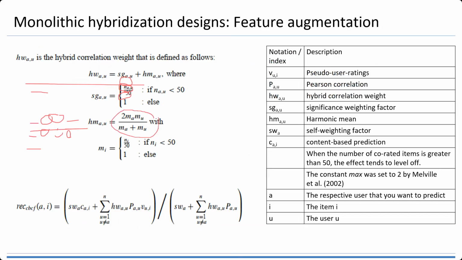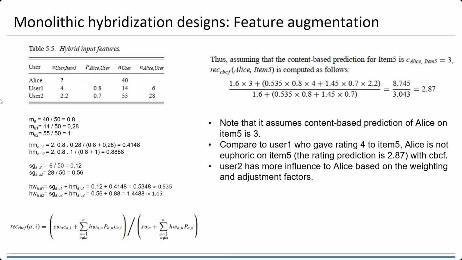So we use this formula: 2 multiplied by MA MU1, in this case user 1, divided by MA plus MU1. And for the HM A user 2, 2 multiplied by MA MU2 divided by MA plus MU2. So we get this one and this one.